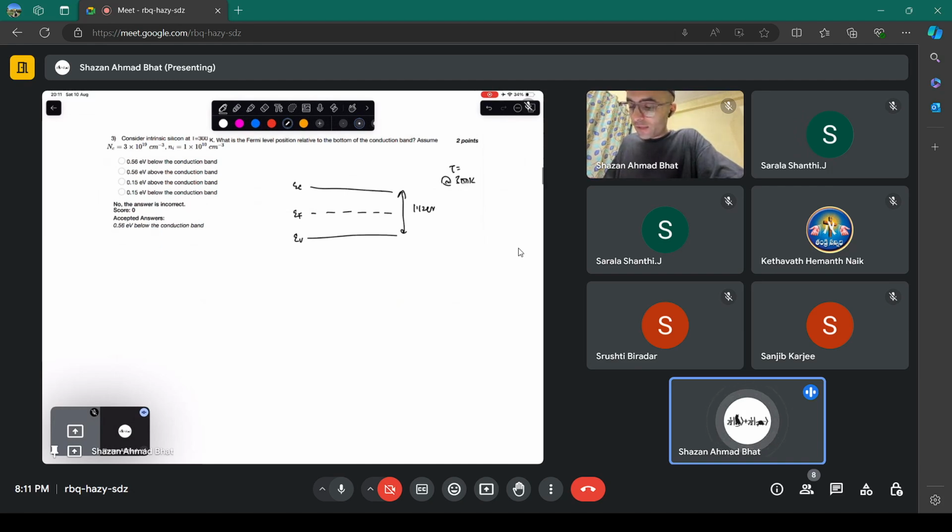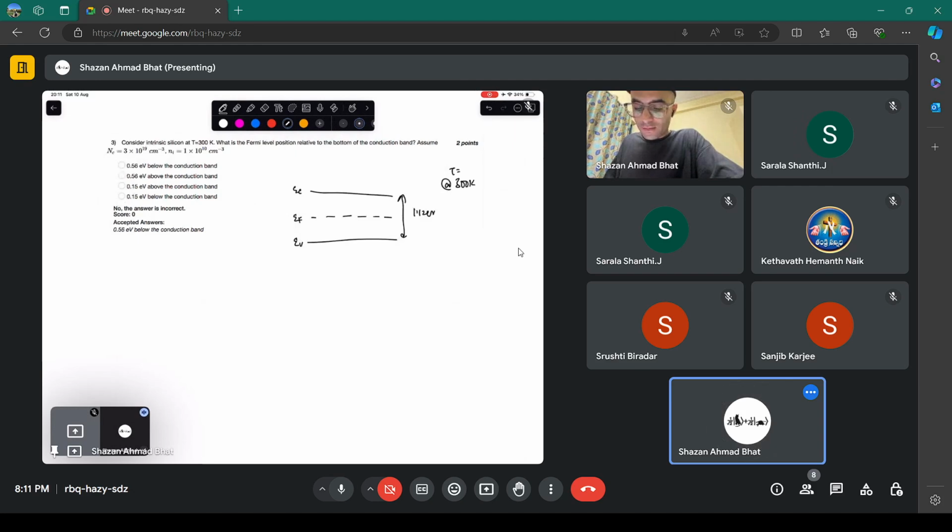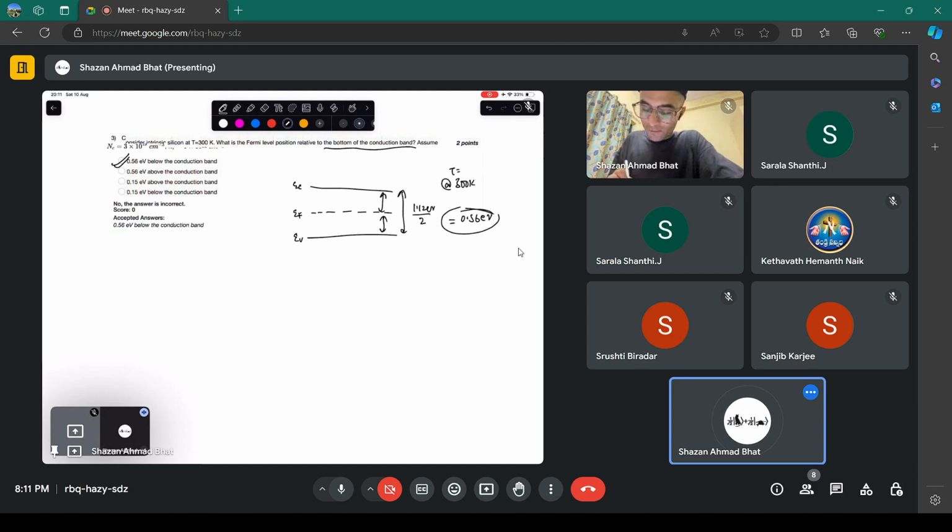What is the Fermi level related to the bottom of the conduction band? You know that the Fermi level is exactly at the middle. That means this particular thing is going to be equal to this particular thing. That means divided by 2, you get 0.56 electron volts. So this is the answer of this question: 0.56 electron volts below the conduction band.